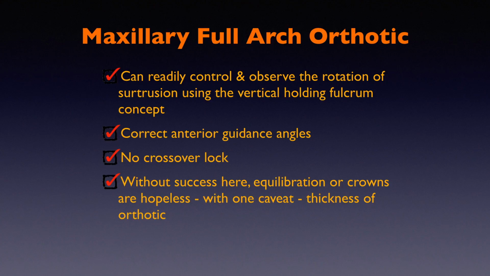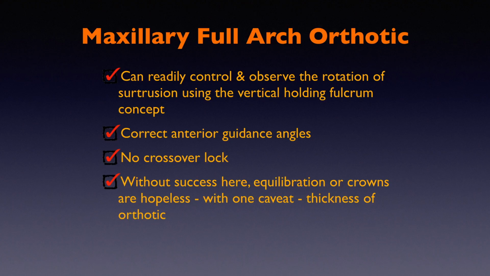This way one can readily control and observe the rotation of surtrusion using the vertical holding fulcrum concept. And you obviously correct the anterior guidance angles and see to it that there is no crossover lock. If one cannot achieve patient comfort success with a maxillary orthotic, the odds of doing so with a natural dentition equilibration are very low.